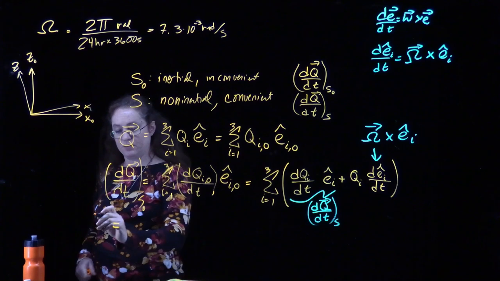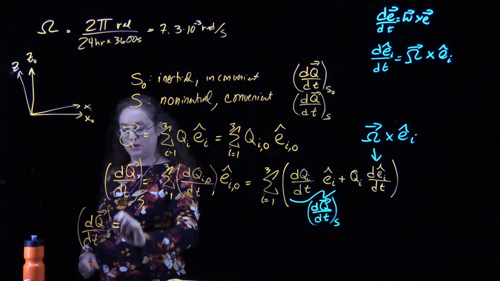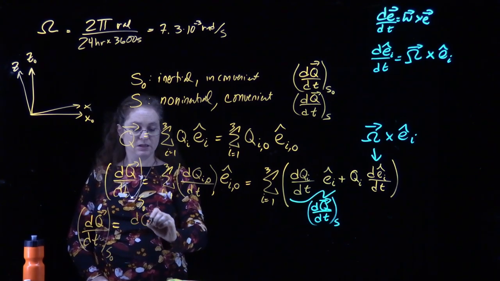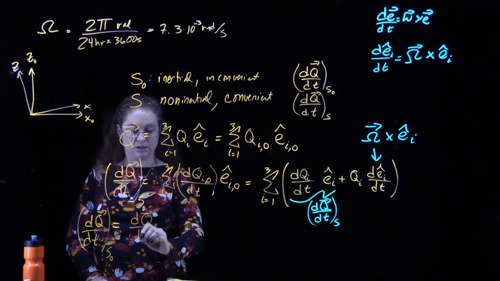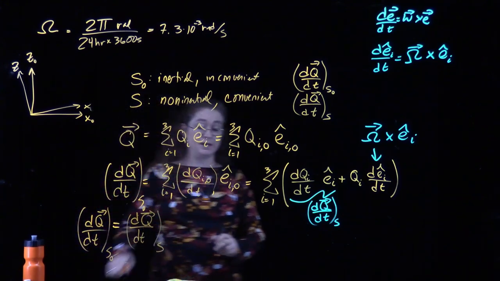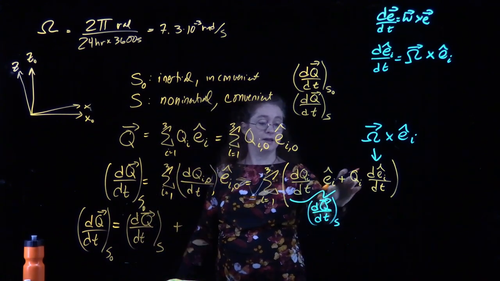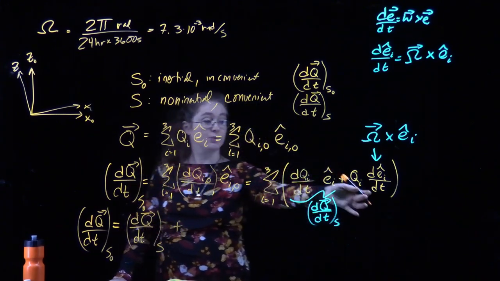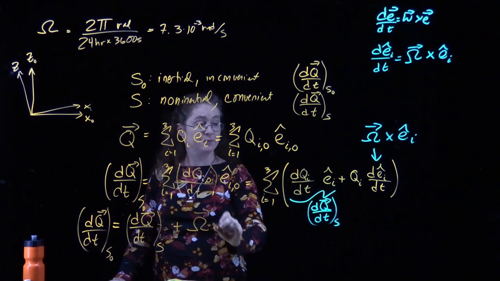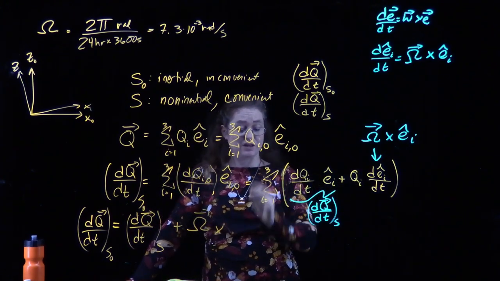So I have dq dt in the inertial frame is equal to dq dt in the non-inertial frame plus, here I can pull the omega out, and I have capital Omega crossed, I can pull it out of the sum because it is itself a constant.